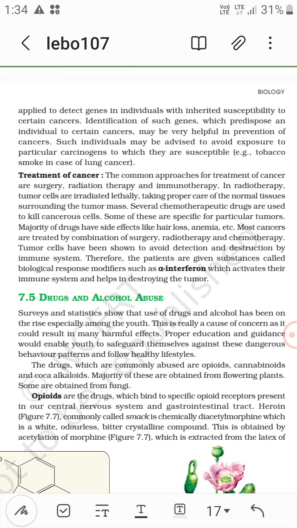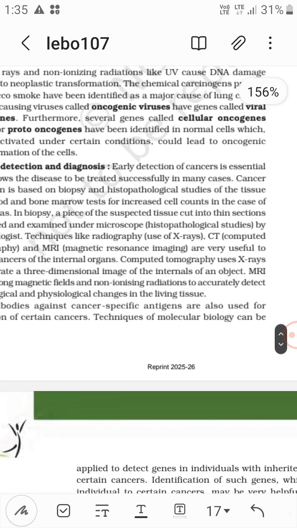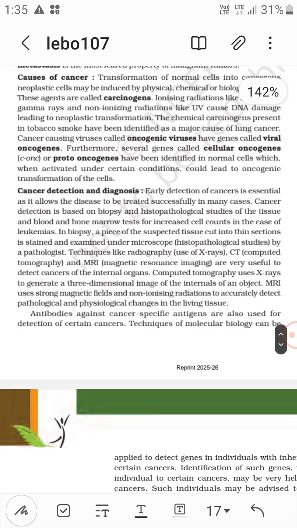Chemotherapy drugs have side effects like hair loss, anemia, etc. In radiotherapy, tumor cells are irradiated lethally, taking proper care of the normal tissue surrounding the tumor cells. And then surgery and alpha interferons, which are biological response modifiers that activate the immune system and help in destroying the tumor.